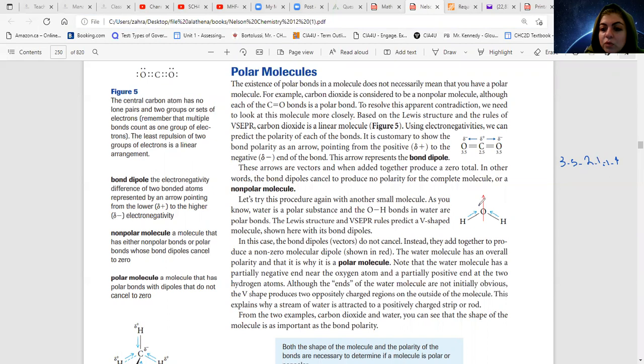And since we have lone pairs on oxygen, it's bent. Here the partial charges go from positive to negative, from positive to negative. These two vectors, if you put them in space, don't cancel each other. That's why the whole molecule is polar. So the bond is polar, you check the symmetricity, it is not symmetric, so it is polar.